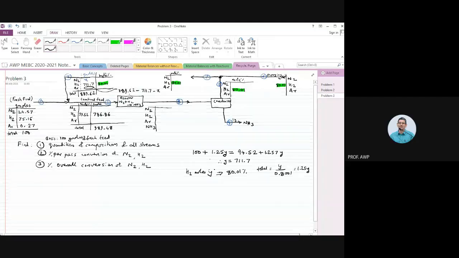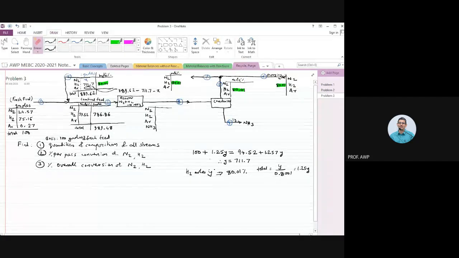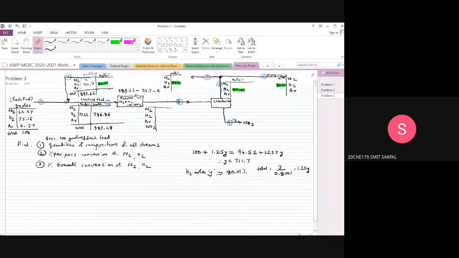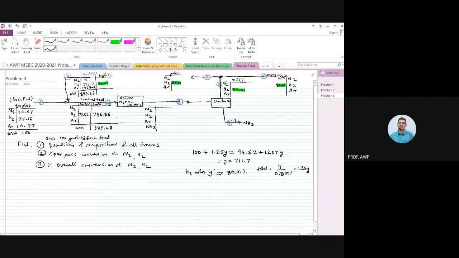Yes, sir. So just simplify this. 889.62 minus 711.7 is 177.9. So 177.9 minus X is the argon.